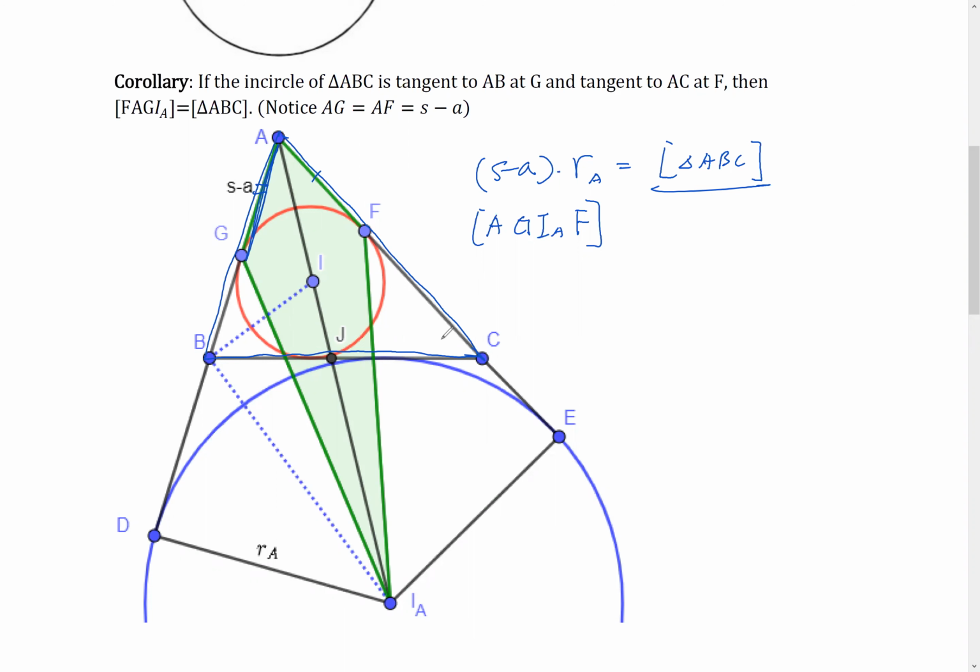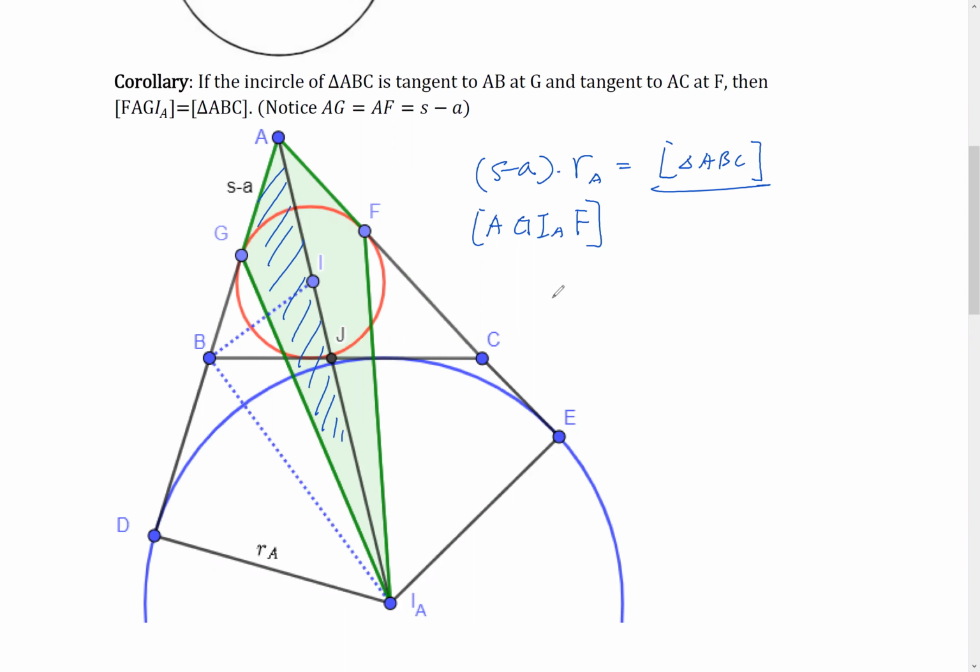Can we give a different proof for this? I suppose we can give it a shot. Now, let's think about it. The area of this triangle, I can take a different approach to calculate.